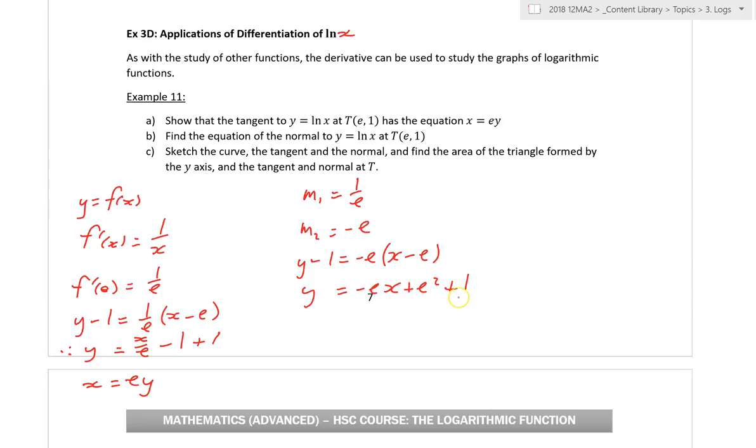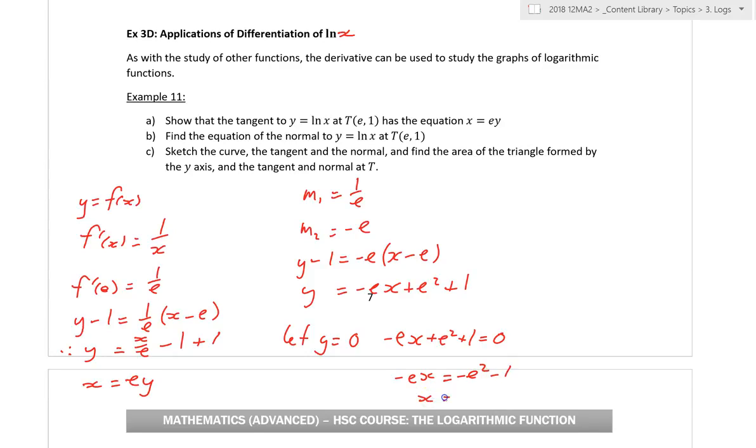This one here doesn't pass through the origin. I'm going to say let y equal 0. Therefore, negative ex plus e squared plus 1 equals 0. That means that negative ex equals negative e squared minus 1.